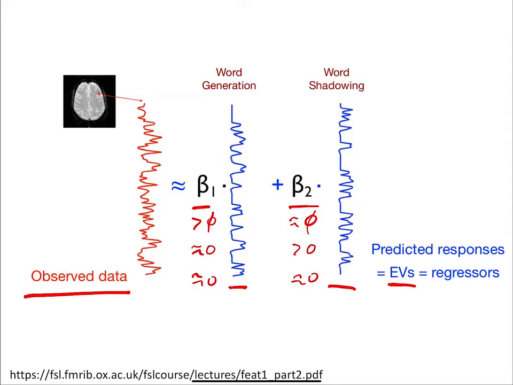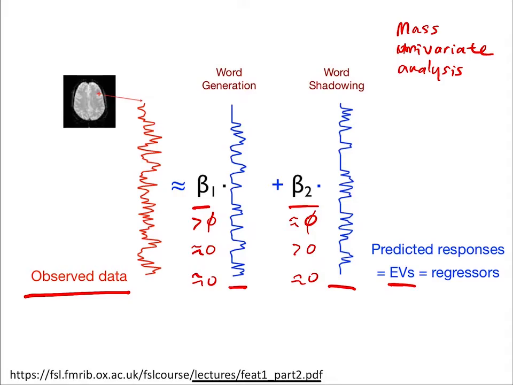So what we're going to do today is what's called mass univariate analysis. A lot of fMRI, even to this day, is still done with mass univariate analysis, where every voxel is treated independently from every other voxel when we analyze it.